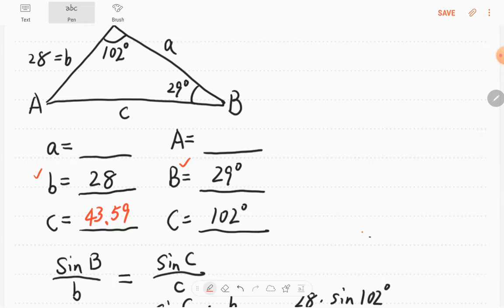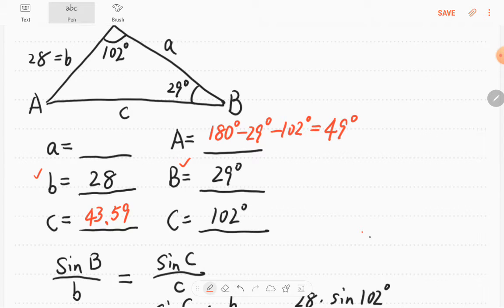The reason is the sum of the three angles in a triangle should be equal to 180 degrees. So angle A is equal to 180 degrees minus 29 degrees minus 102 degrees, which is equal to 49 degrees. So angle A is 49 degrees.